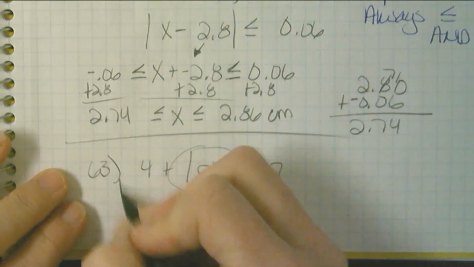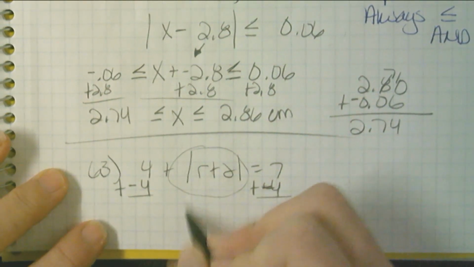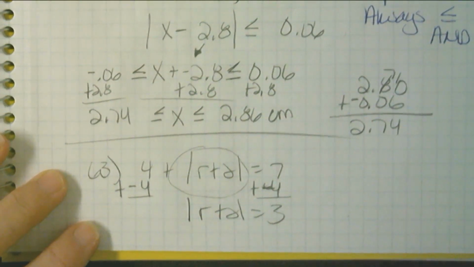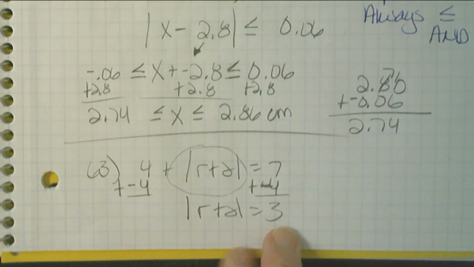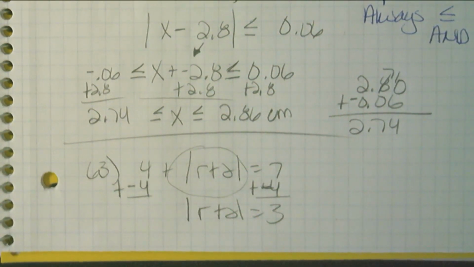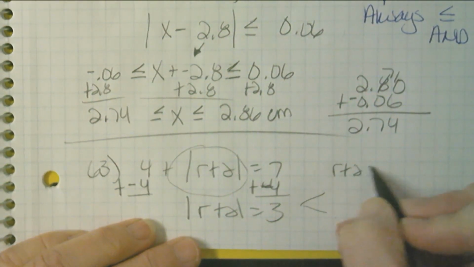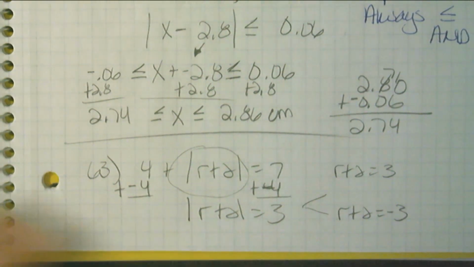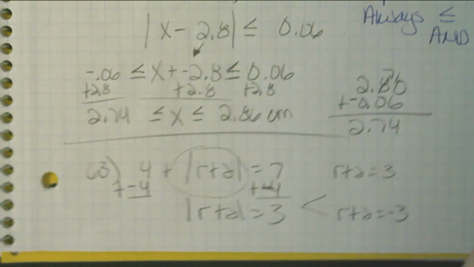So I'm going to add a negative 4 to both sides. So I have the absolute value of r plus 2 is equal to 3. So this is the absolute value of r plus 2 is equal to a positive 3. This is possible. So now I just need to split this. So I have r plus 2 is equal to 3, or r plus 2 is equal to negative 3, and then you would solve that. Are you cool with that?